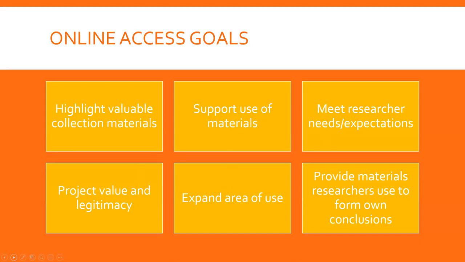Another thing that online access should do is project value and legitimacy. Again, if you have online finding aids that are really well put together and are understandable for researchers and have some of the navigation tools that researchers like, or communicate information in a way that researchers find appealing, that's going to make them perceive your archive as being valuable.